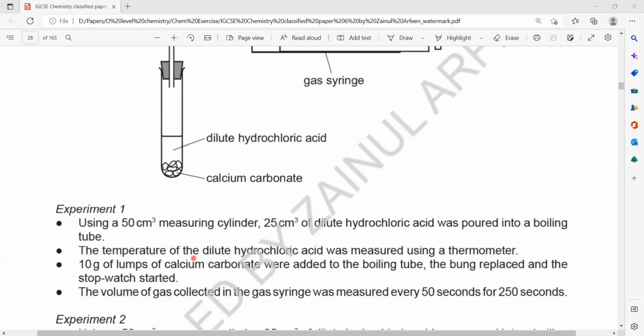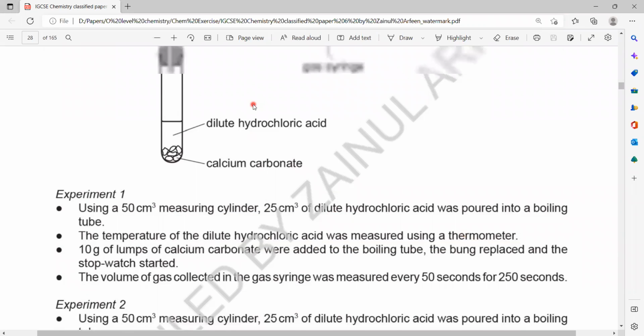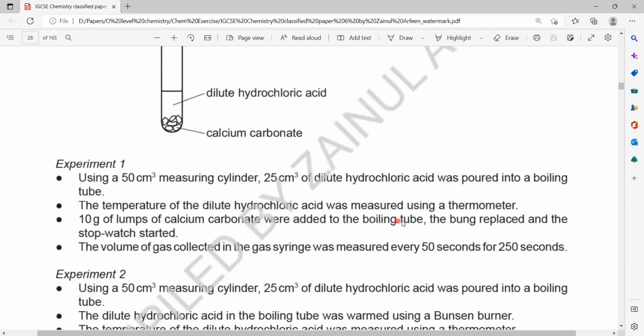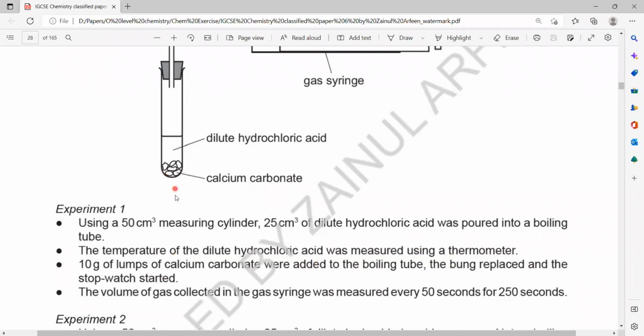Then it was poured into a boiling tube. The temperature of the dilute hydrochloric acid was measured using a thermometer. 10 grams of a lump of calcium carbonate were added in the boiling tube. The bung was placed and the stopwatch was started.